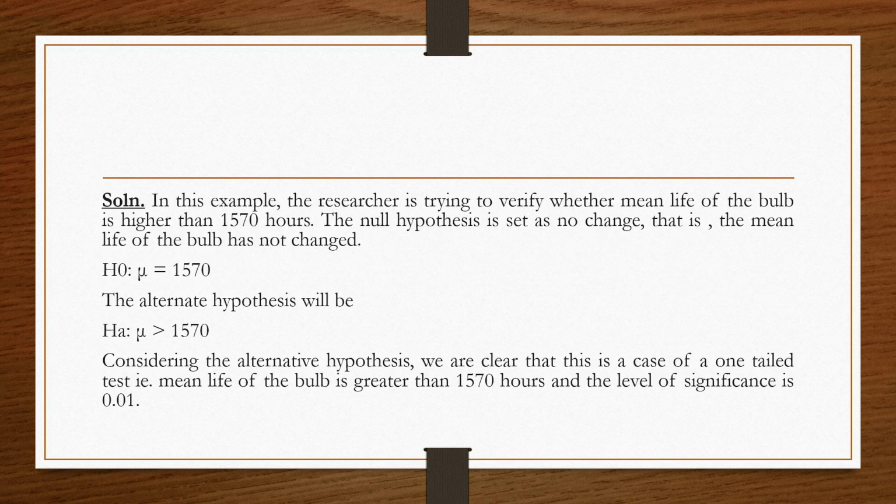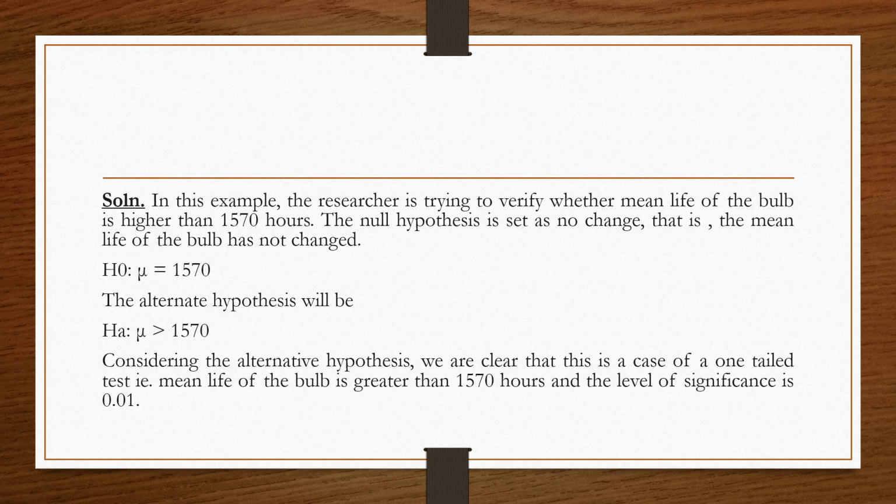Now let's have a look at the solution. In this example, the researcher is trying to verify whether the mean life of the bulb is higher than 1570 hours. So the null hypothesis is set as no change. That is, the mean life of the bulb has not changed. That is, H naught: mu is equal to 1570.